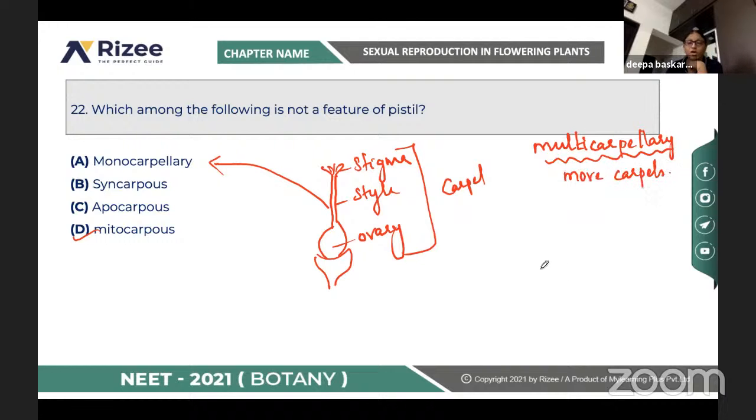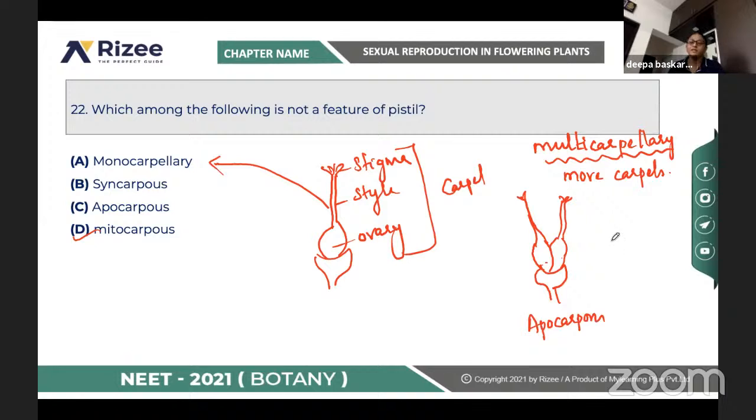So in some flowers, if you see, this is one ovary, and multi-ovaries means many ovaries will be there. Let me show two ovaries here. Here they are separated, and stigma is here, style is here. This is called apocarpous.